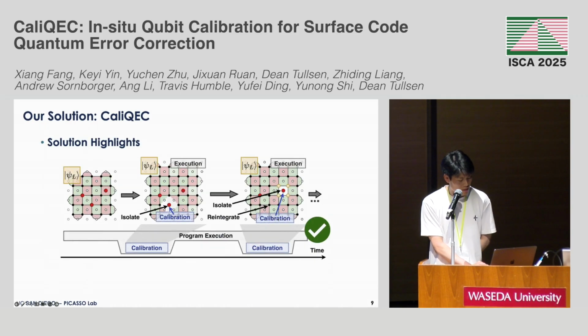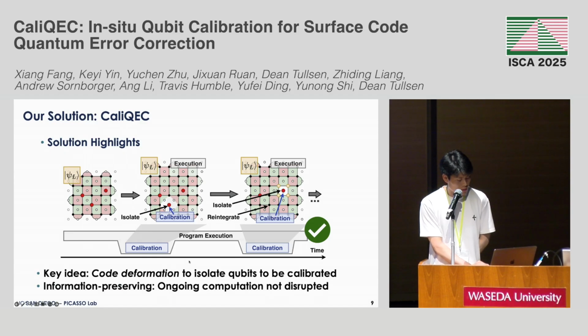The key idea is that we will use the code deformation technique from the surface code to isolate the qubits that need to be calibrated. During the calibration, this will not affect the rest of the qubits in the patch. And the important thing is that this qubit isolation process is information preserving.